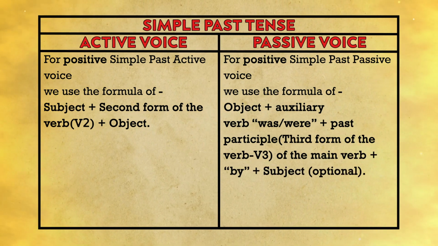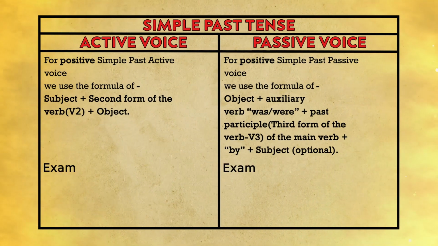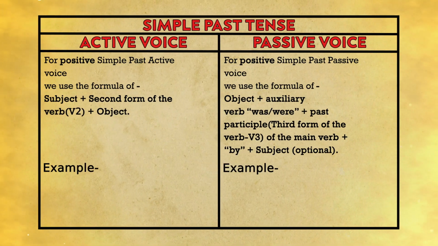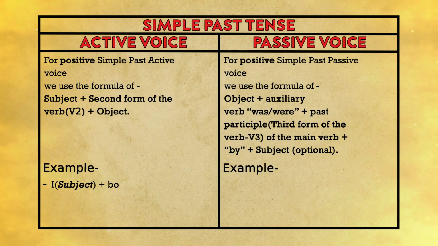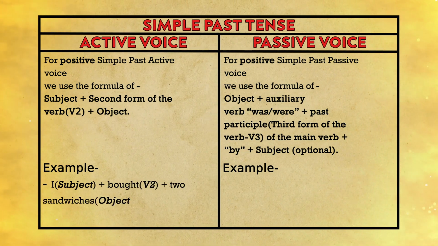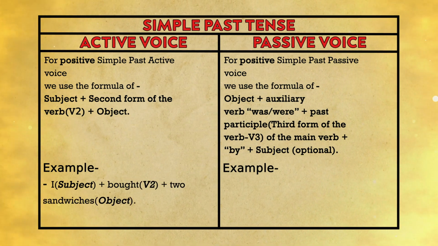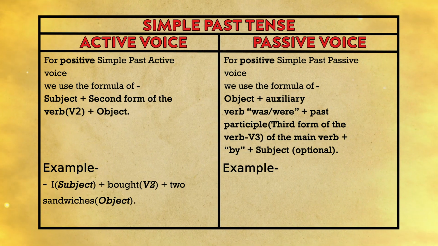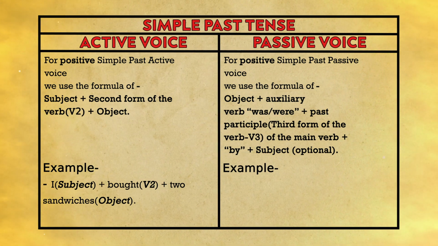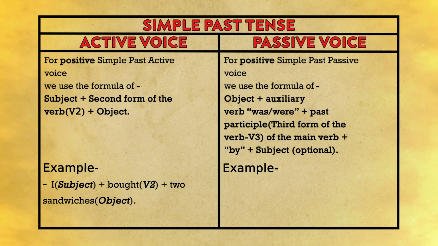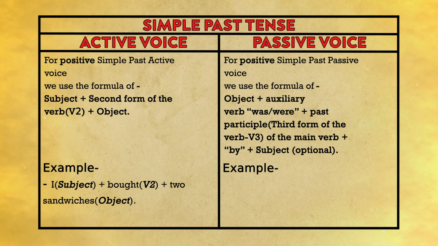So let us take one example. I bought 2 sandwiches. Here I is the subject, bought the second form of the verb, 2 sandwiches, object.